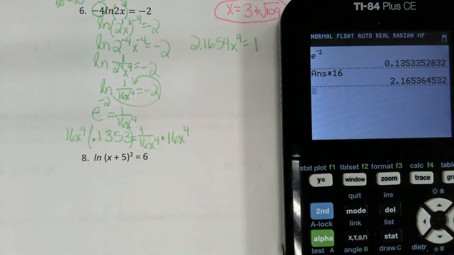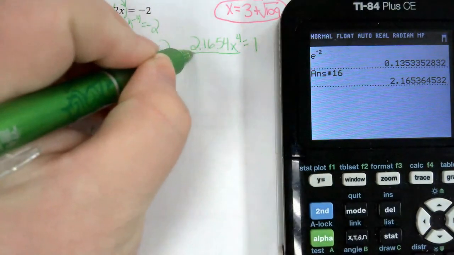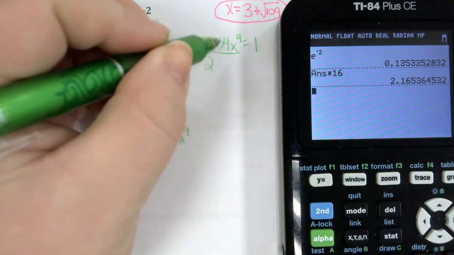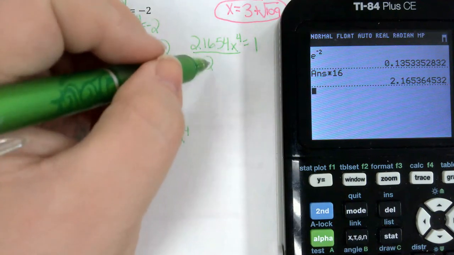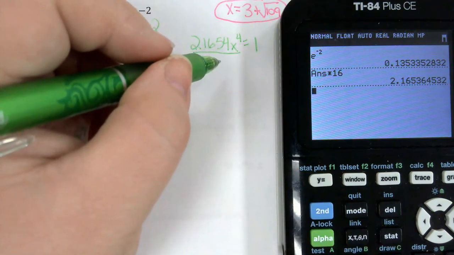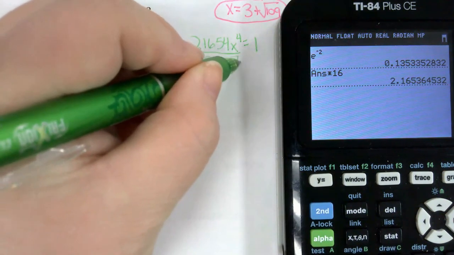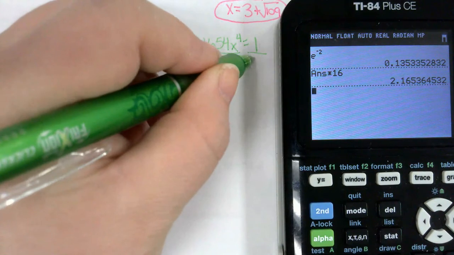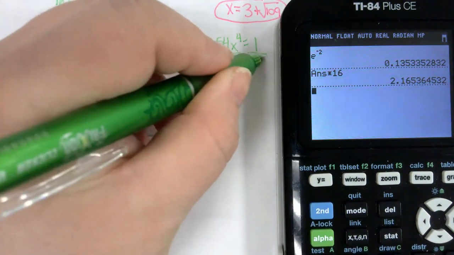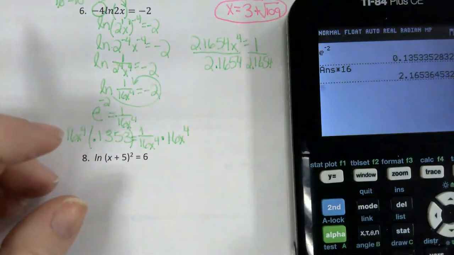Then we need to divide 1 by that long, nasty decimal. Whether it said 2x equals 1 or 2.1654 x to the fourth equals 1, we still do the same process to get x alone. We divide on both sides.